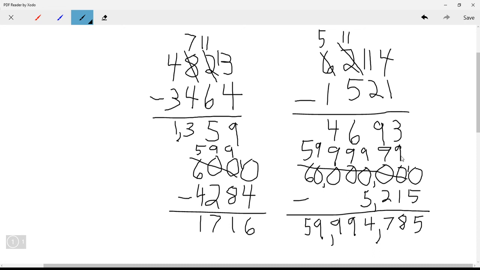And that's just because subtracting 10 from 60 million is 59,999,990. So that is why you turn all of those into a 9. So hopefully that showed you guys how to do the standard algorithm for subtraction.